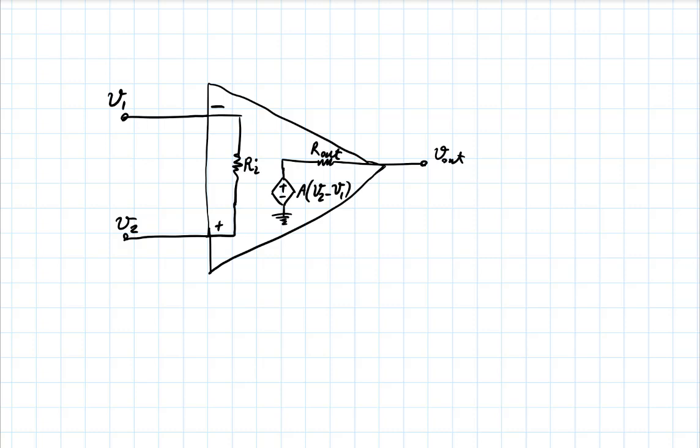You see? That dependent voltage source takes the difference between the two input nodes, so the voltage of the non-inverting minus the voltage of the inverting node, multiplies it by a very large factor, A, and simply applies it here.